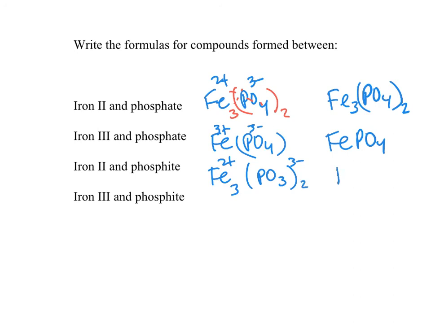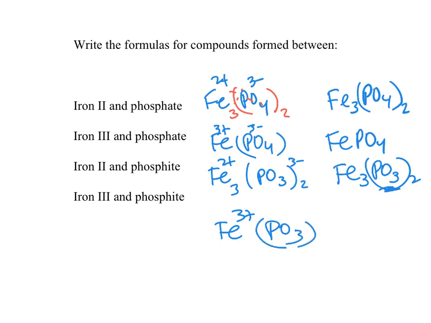In the end, you don't put the charges above it. You just say iron 2 phosphite, and that should be parentheses. Then the last one would be iron 3 and phosphite, PO3 3-. So that's 1-to-1. So your answer here is going to be FePO3.